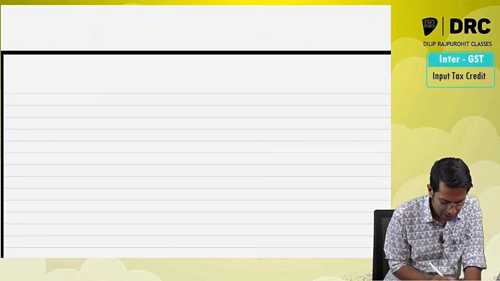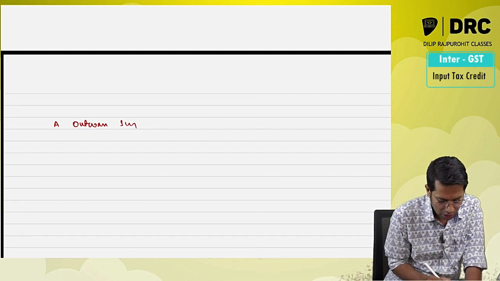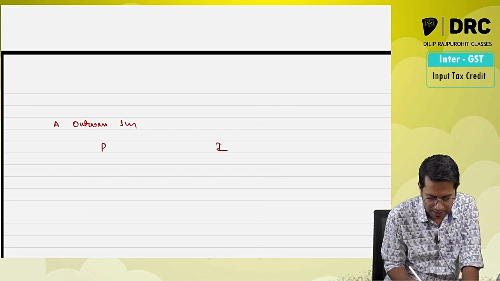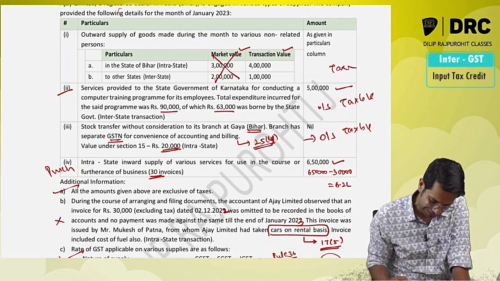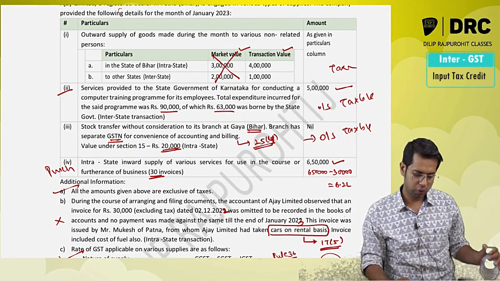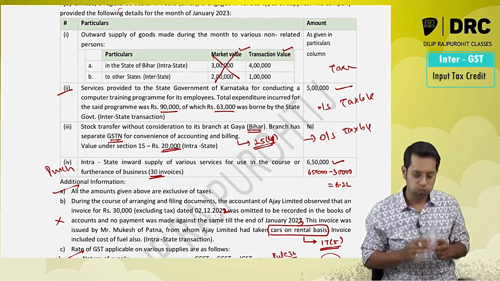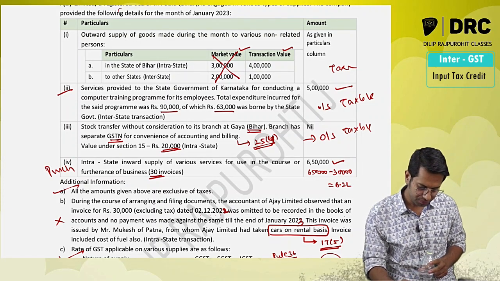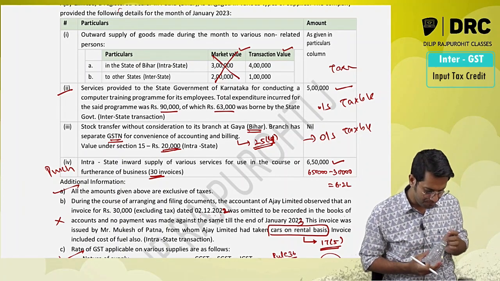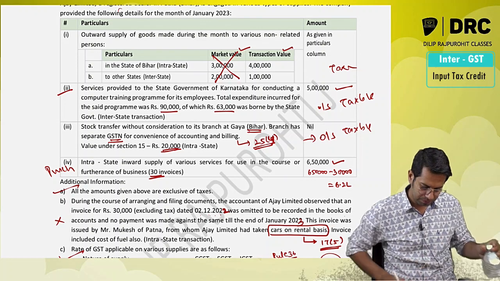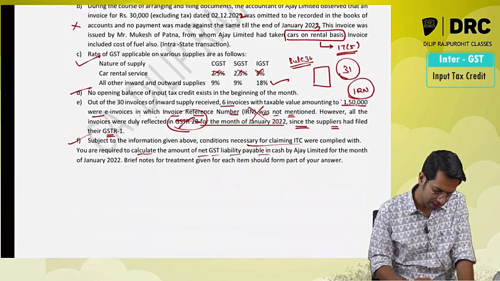Now computation of tax on outward supplies. So outward supplies, particulars, IGST, CGST, SGST. So what are the outward supplies? Outward supplies within the state 4 lakh, other states 1 lakh.